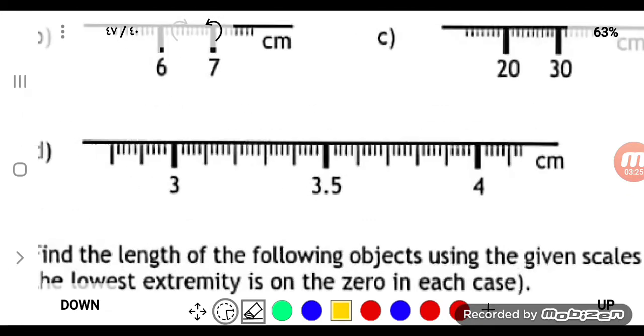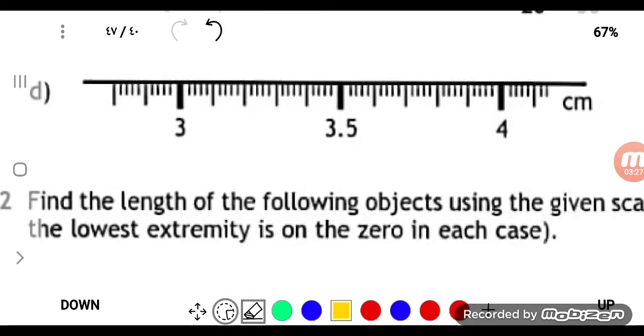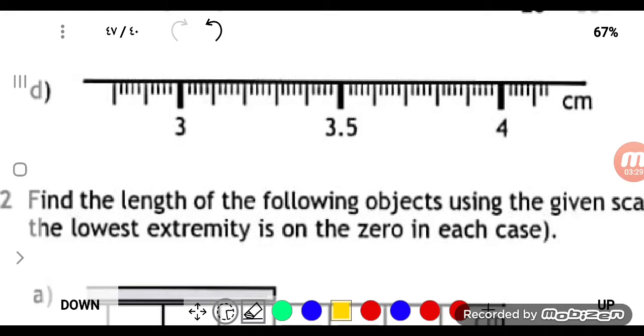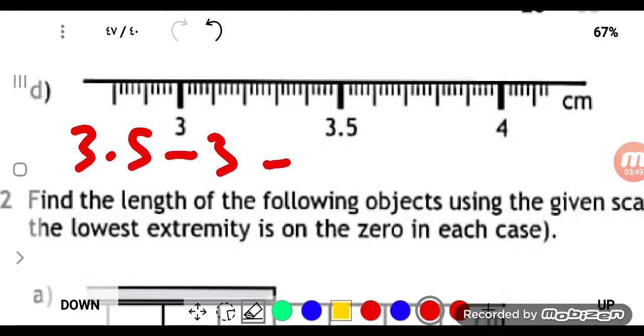Now let's take this one, which is the most difficult. Two consecutive numbered notches are 3.5 and 3, or 3.5 and 4. You can choose any of them. I will choose 3.5 and 3. So let's subtract. 3.5 minus 3, we get 0.5.